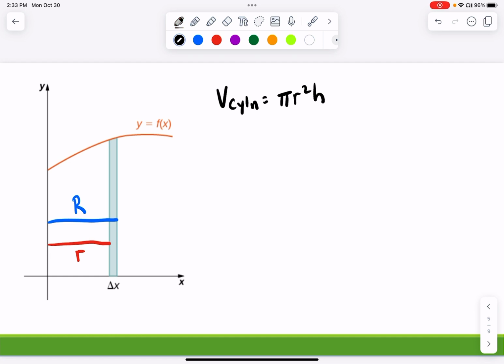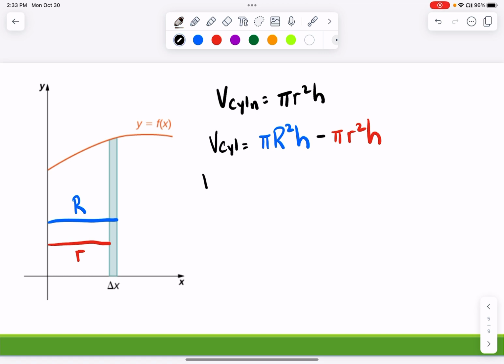So the volume of my cylinder is going to be the big one, pi big R squared h, minus the small one, pi r squared h.